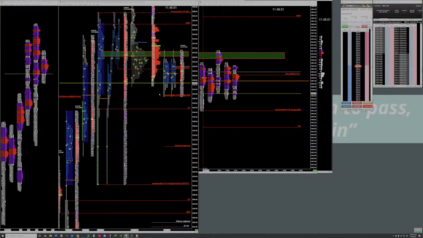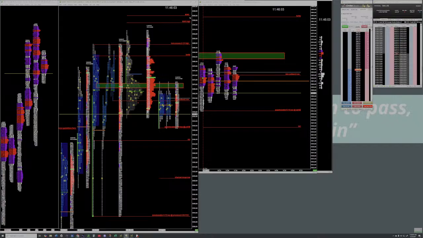Oh, the last thing before I close: the 6,000 is really close. Sometimes these round numbers, especially these millennial numbers, matter.